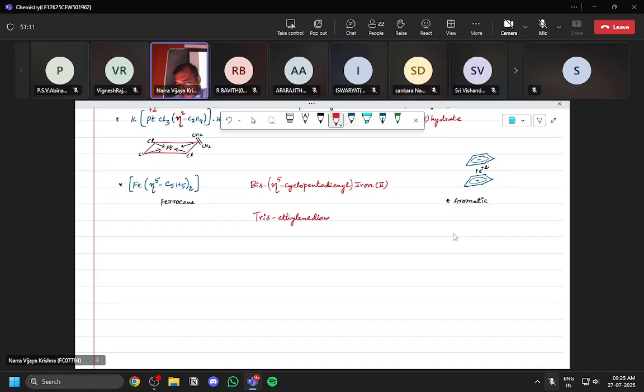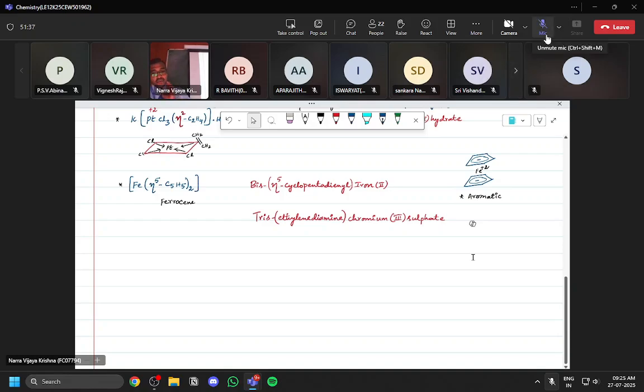Tris ethylene diamine chromium 3 chloride. And give the formula of it.